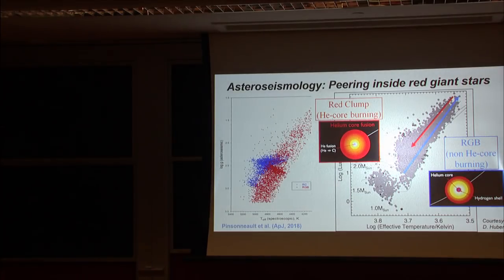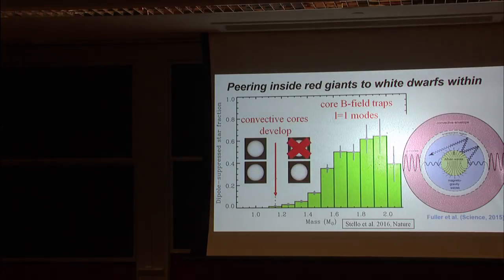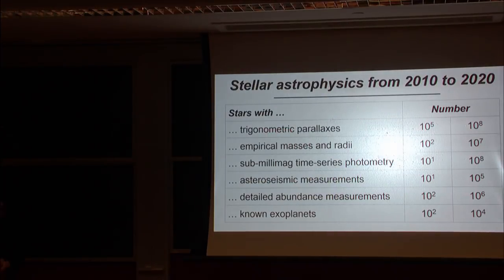I was going to say some stuff about asteroseismology, but I think you all maybe know a lot about that. Let me end by just saying that up until this decade, through a lot of hard work, we had, of order this many stars for which we could really do precise benchmark stellar astrophysics and thereby do fundamental physical property measurements of the things that orbit them.